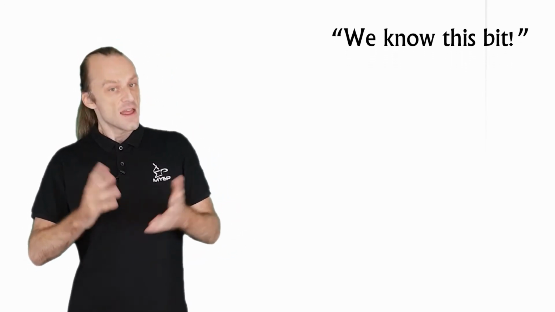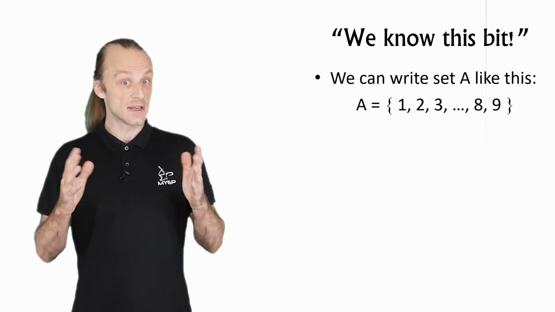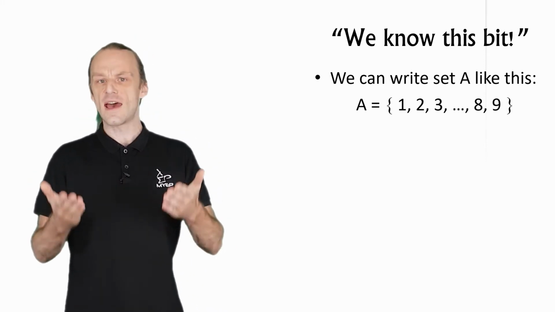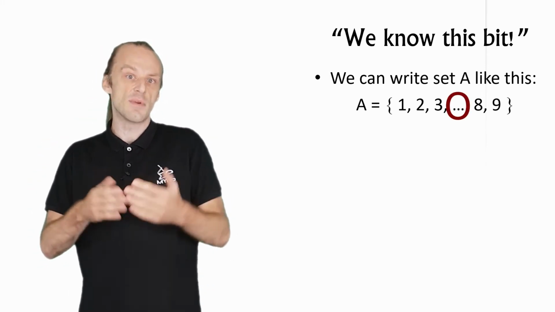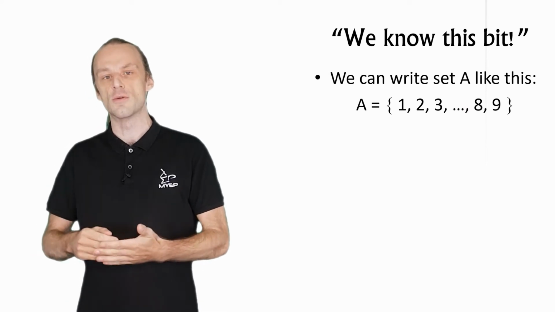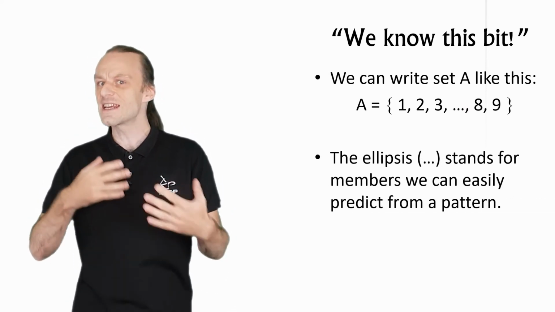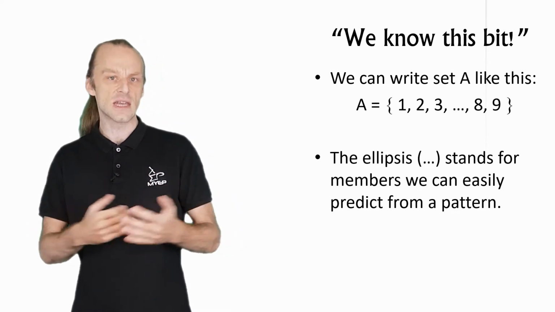If we go back to looking at set A, there is another way we can write it. We can write set A like this. We still have the braces and we start off normally, but then we have an ellipsis in the center before going to the last few members. The ellipsis stands for members that we can easily predict from some pattern.